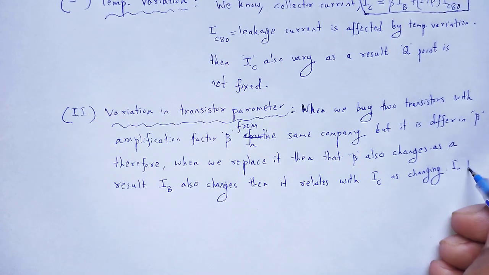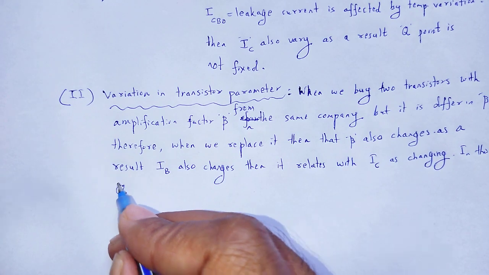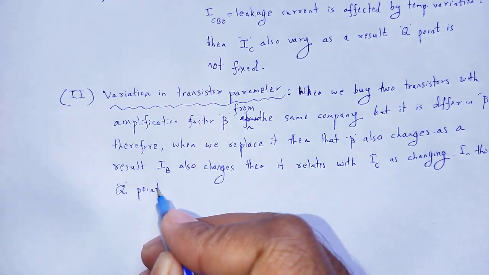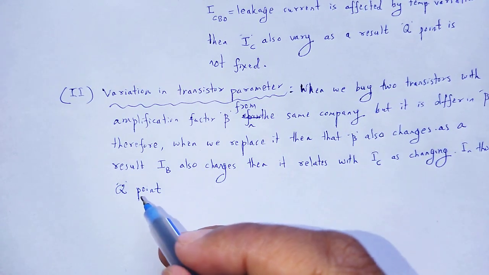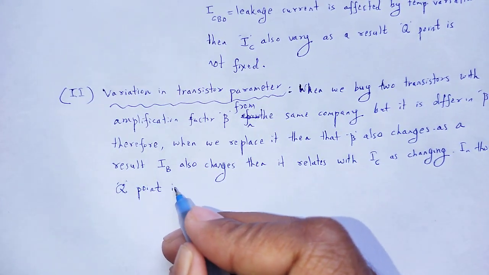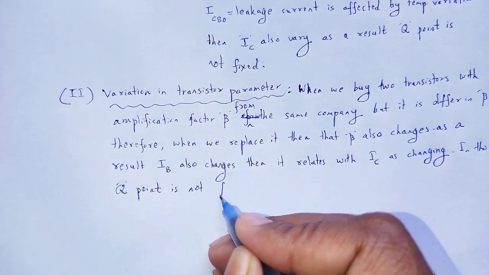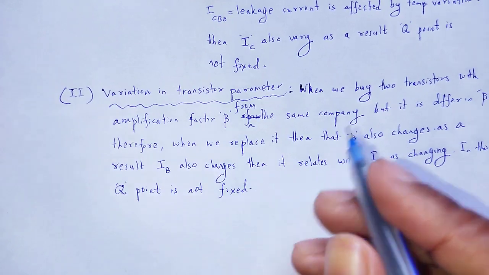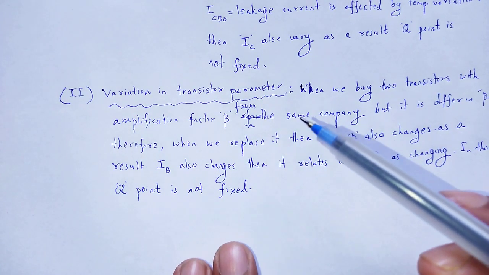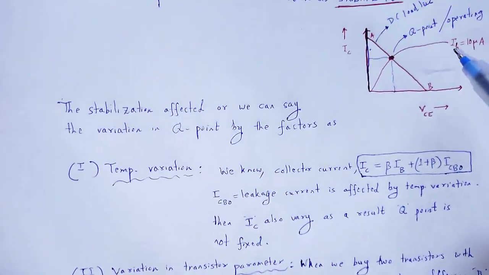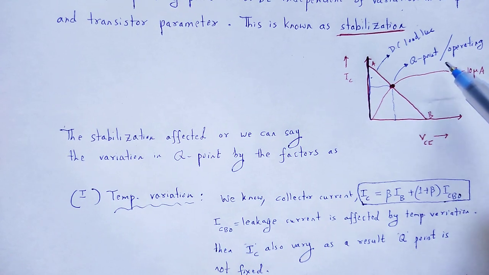In this way, the Q point is not fixed. That is another cause. Variation in transistor parameter influences the change in the position of the Q point.